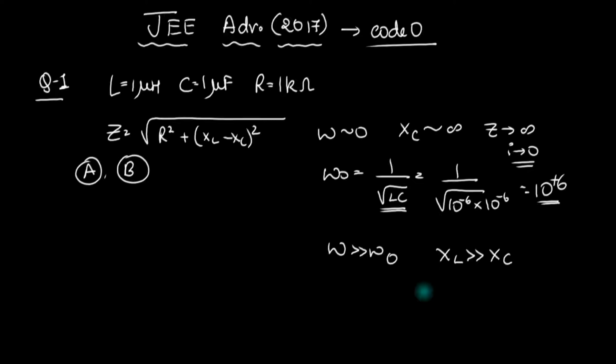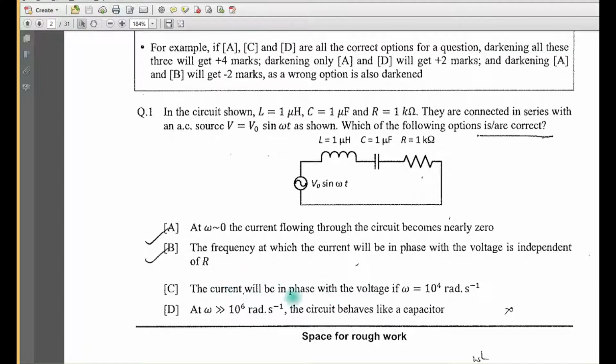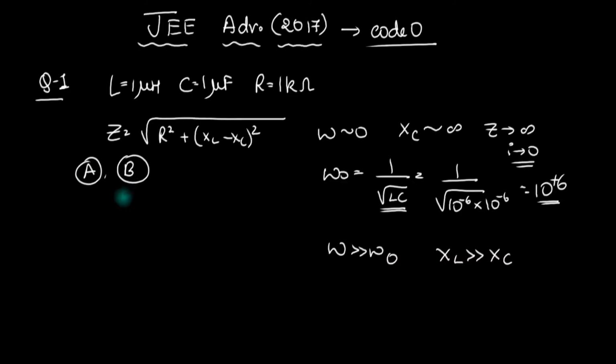Do you see that? Because XL equals XC at omega equals omega naught, and XL increases with omega, but XC decreases with omega. So the circuit behaves more inductive, not capacitive. So the current will lag behind the voltage, and so it's inductive. So D is also wrong, and therefore we have our first solution. Question 1 has A and B as the answer. Ta-da!